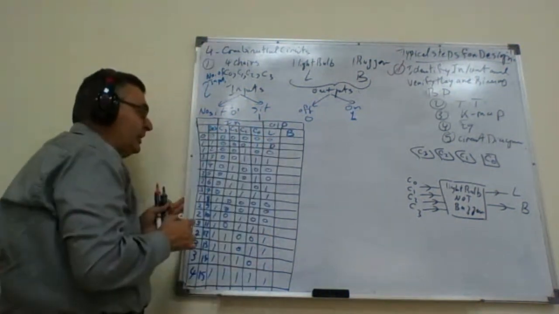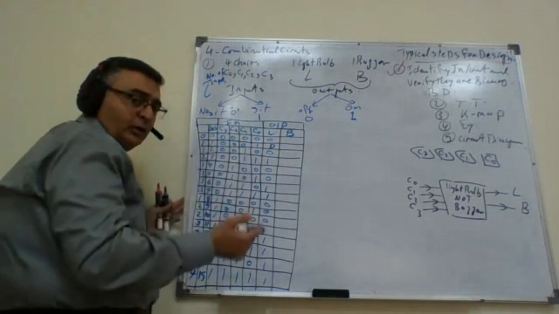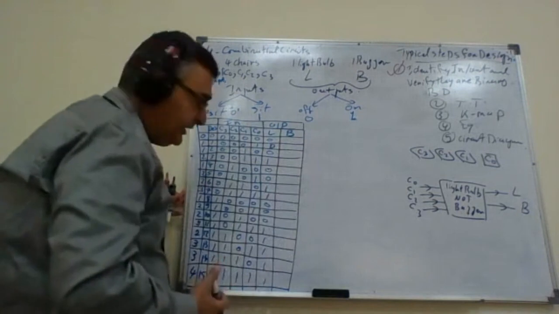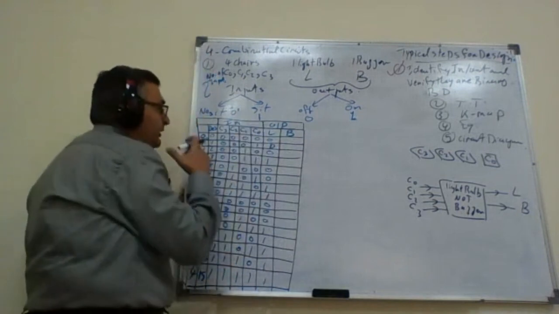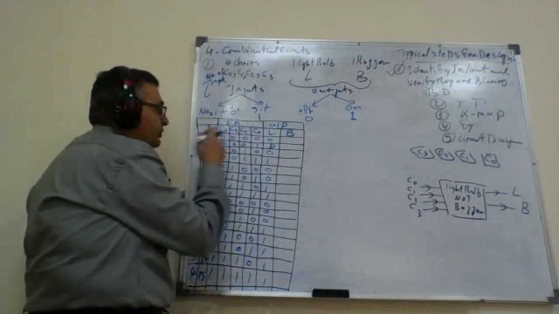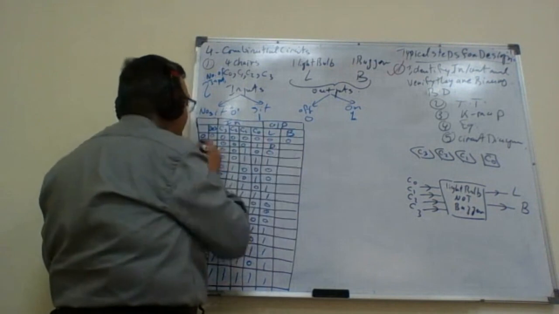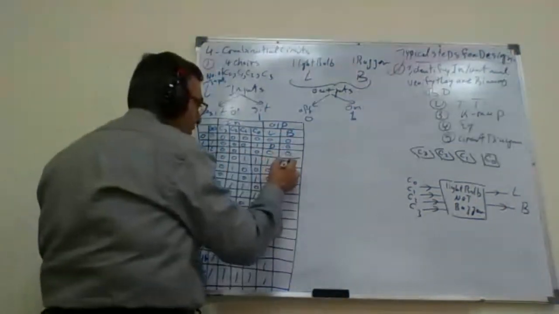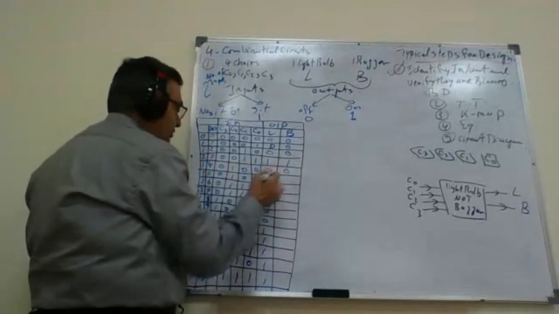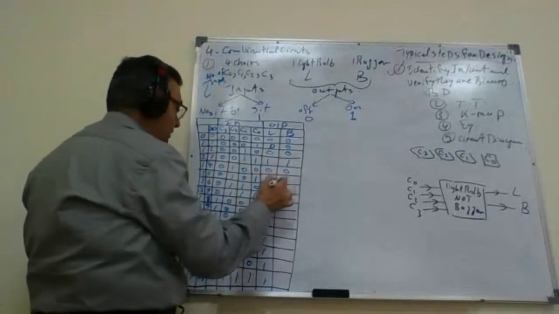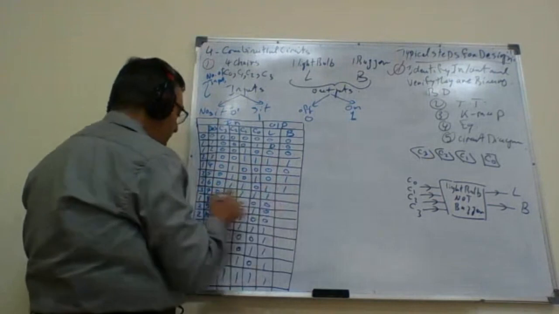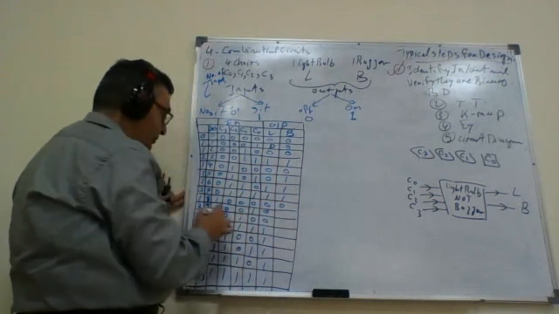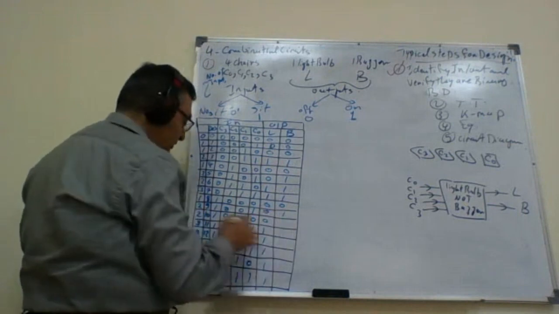If this number is beyond 1, meaning 2 or more, then B should be 1. If 0 students are sitting on the chairs, B should be 0. 1 student, 0. 2 students means 1. 2 students means 1. 3, 1. 1 student, 0. 2 students, 1.